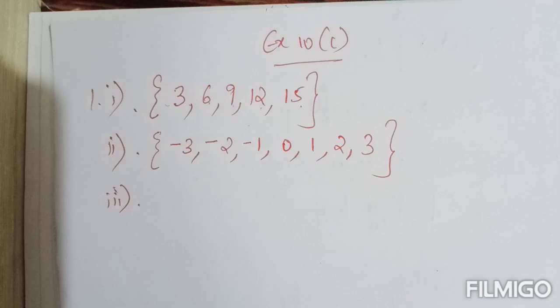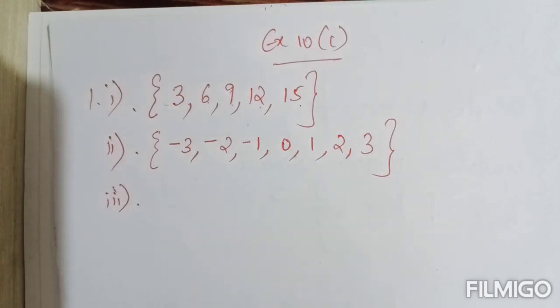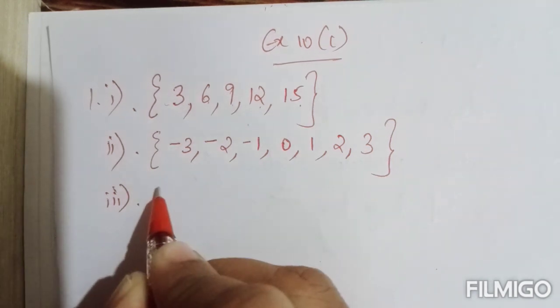Third one, set of all x such that x is a letter of the word school. So the question is given in rule or set builder method. We have to write that in roster form. Set of all x such that x is a letter of the word school.